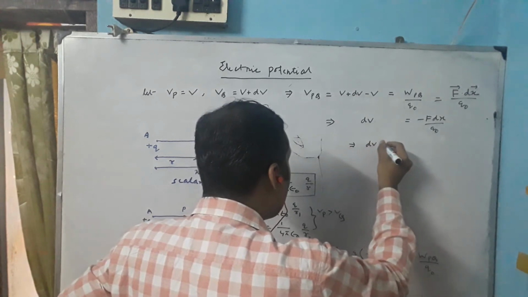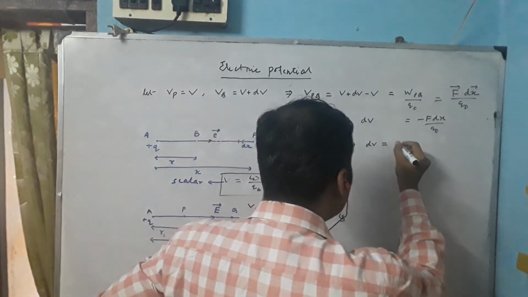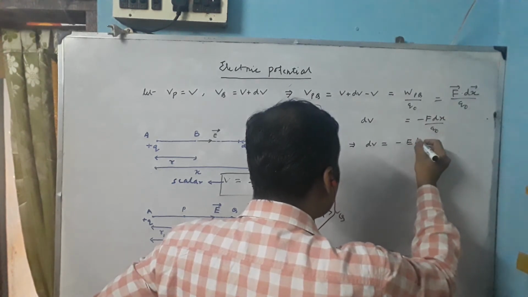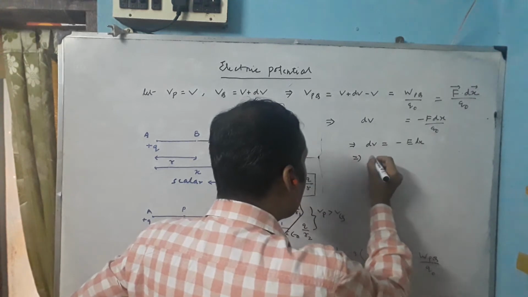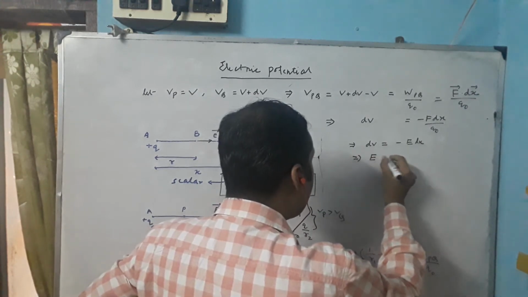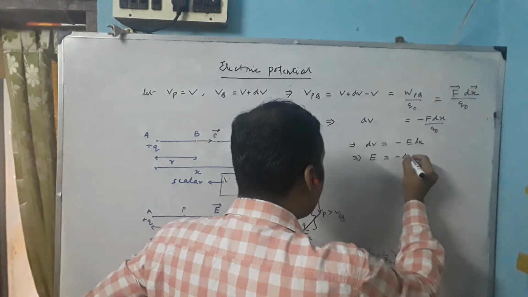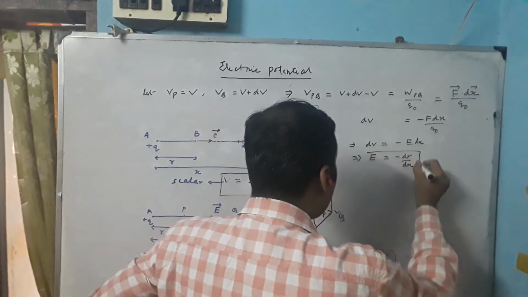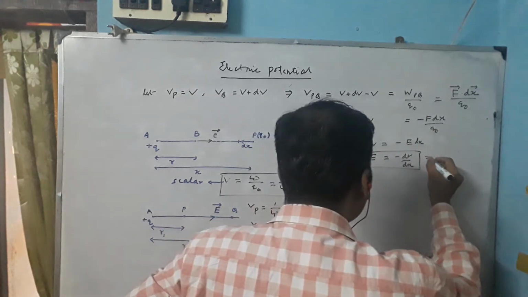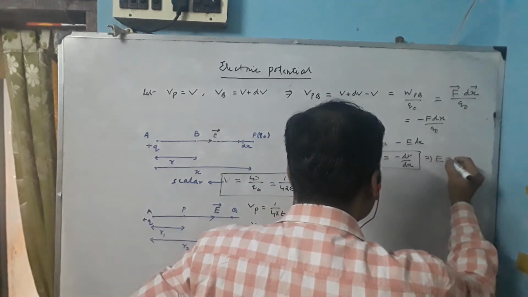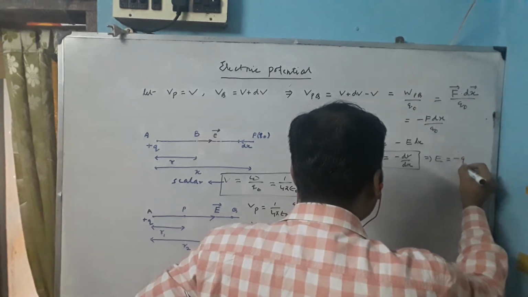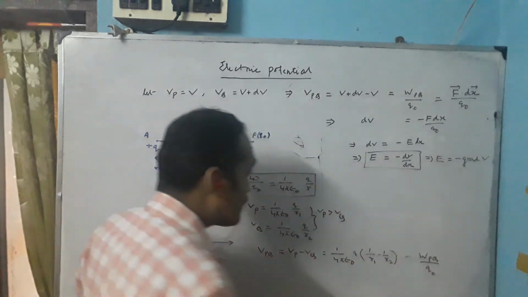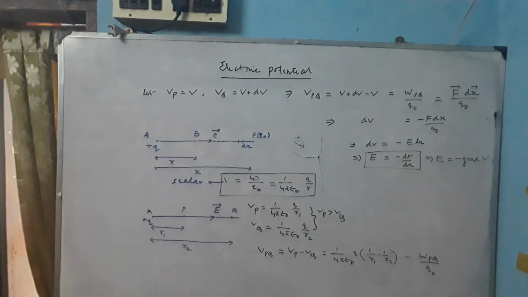Now let me give you one formula from your first chapter. Force by charge is electric field. So we can write that electric field is equal to minus dV by dx. This is one of your relations, where you can say that electric field is the negative gradient of V. Clear?